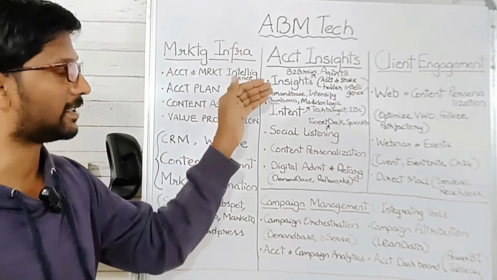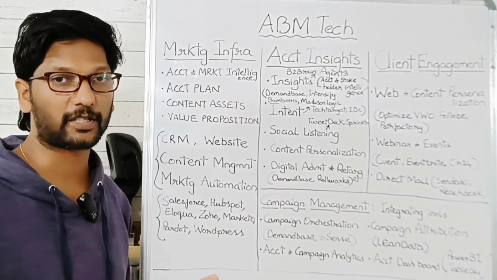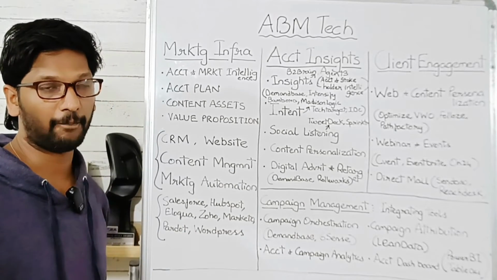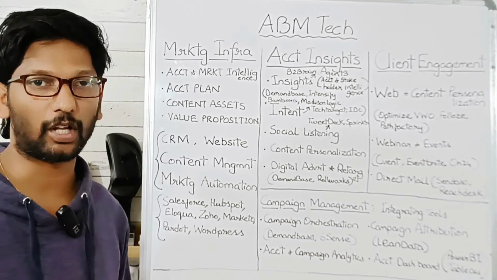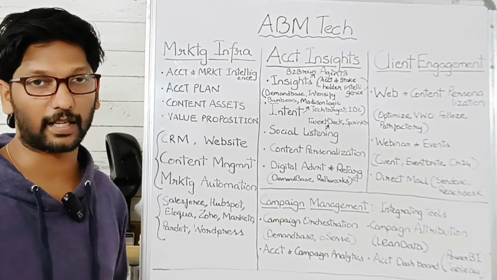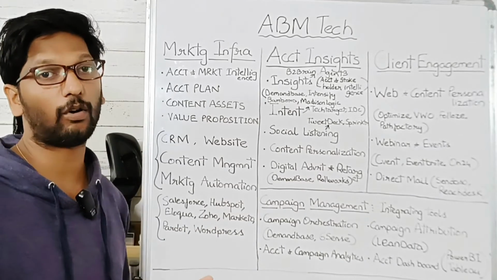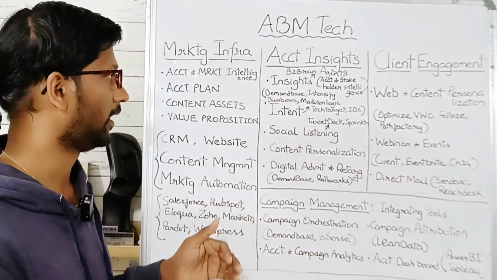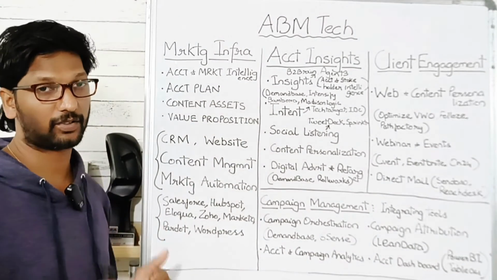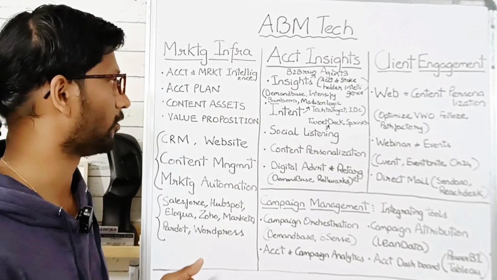When it comes to insights, you have to be able to tap information from public domains or business news or social media that will speak to the direction of your target accounts, or their inclinations, or their challenges that they are facing, or their requirements, or any information that could talk about the account or the stakeholders of the account. That comes under insights. So you have tools like B2 Brain, Agent 3. These are the tools that can help you in giving insights about your accounts.